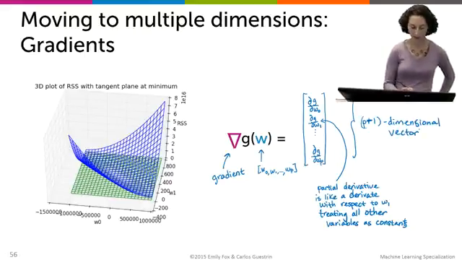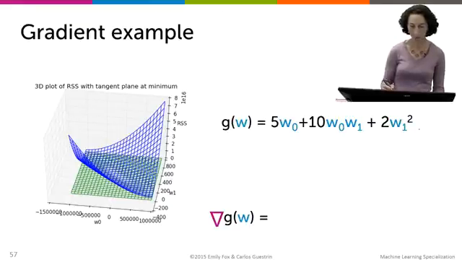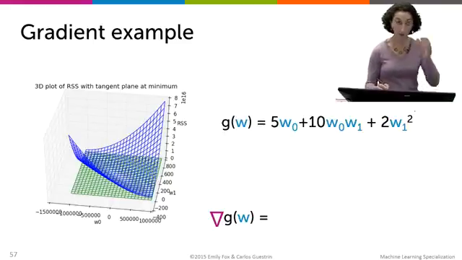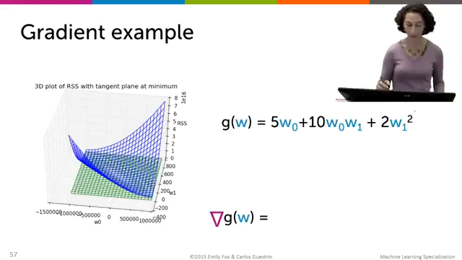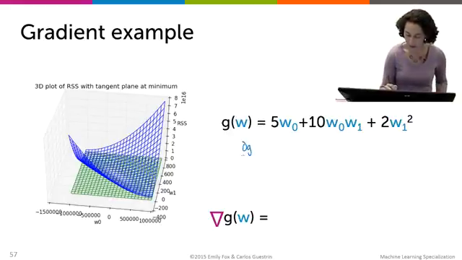Okay, so let's work through a little example here where I define a function g of w to be 5 w0 plus 10 w0 w1 plus 2 w1 squared. And let's compute the gradient of g. In this case, there are just two variables, so I have to take the partial of g with respect to w0.